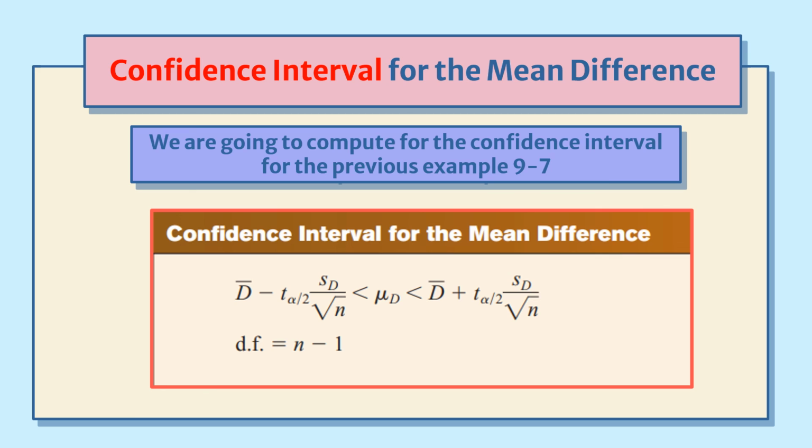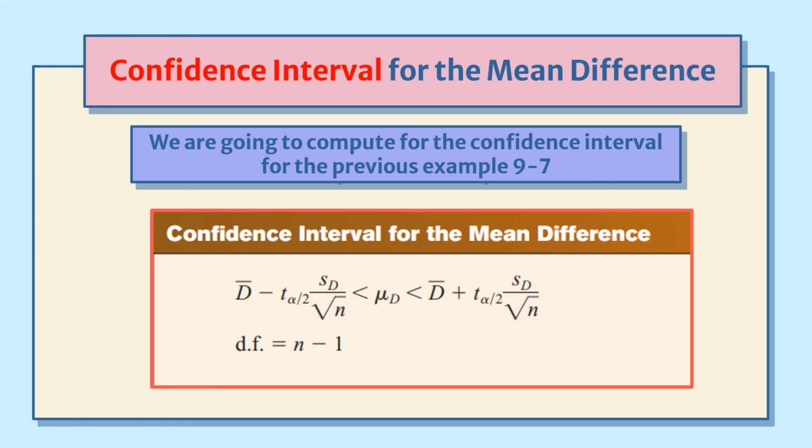Since we finished answering our examples for testing the difference between means for dependent samples, we now have the confidence interval for the mean difference. We are going to compute the confidence interval for the previous example, which is example 9-7.